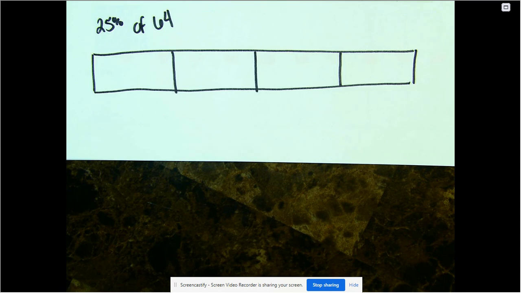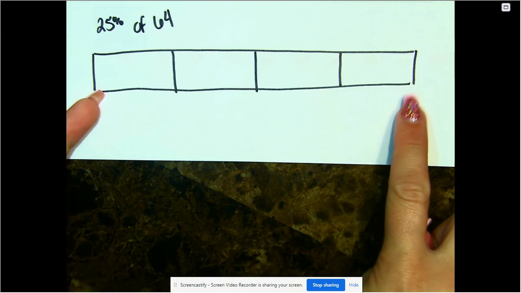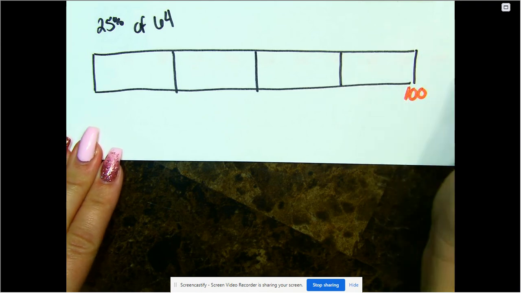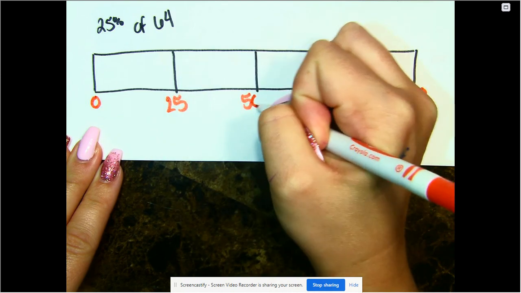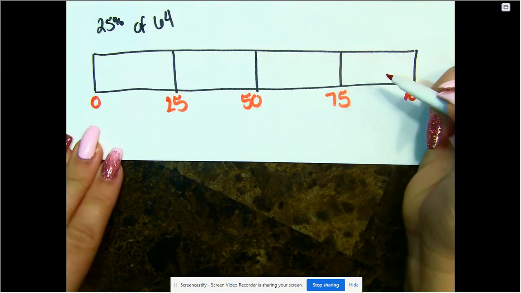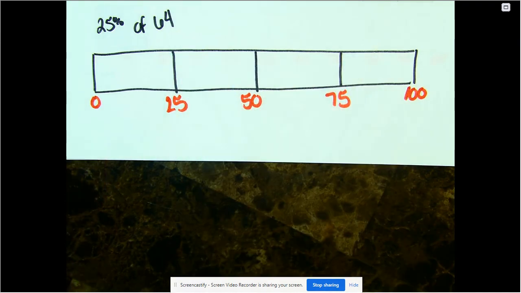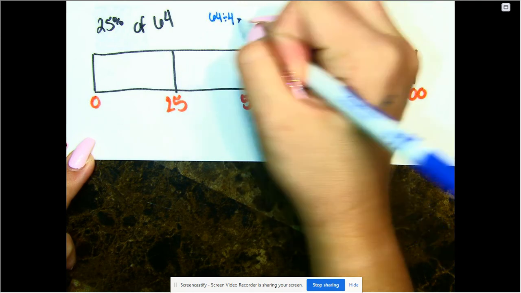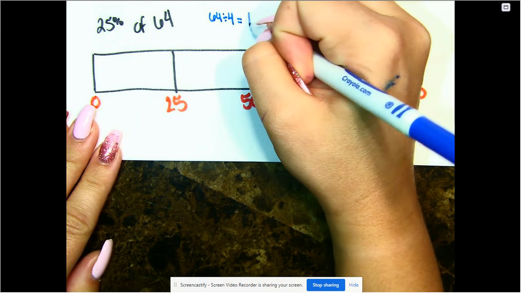So with that being said, if I'm splitting 64 only into 4 sections, my percent bars are going to change. So this is still 100%. But then 100% split into 4, think of quarters, would be 0, 25, 50, and then 75, right? So because there are only 4 sections, I've got to split 64 into 4 sections. So 64 divided by 4 is equal to 16.